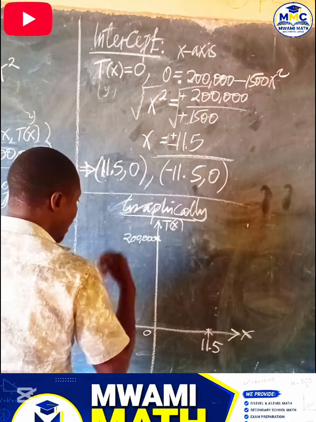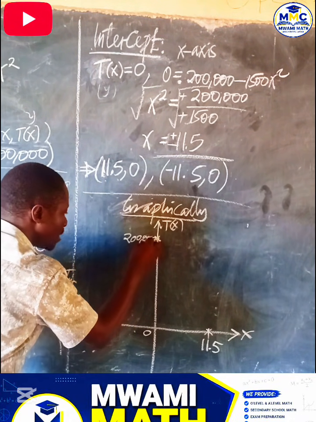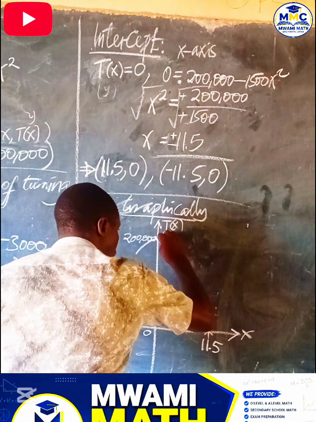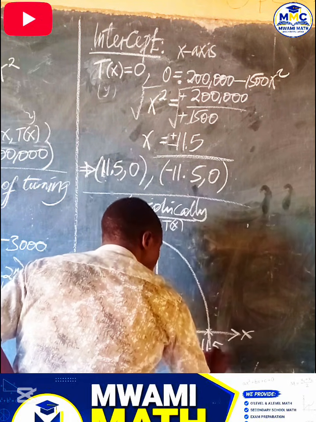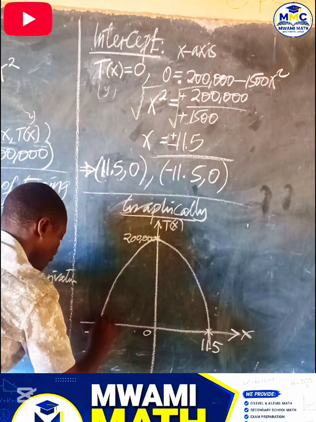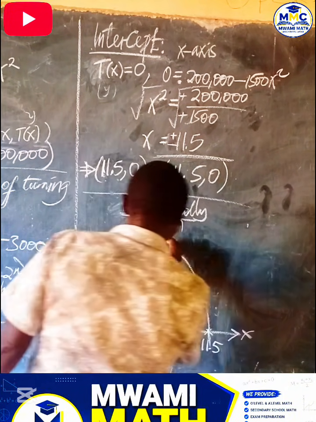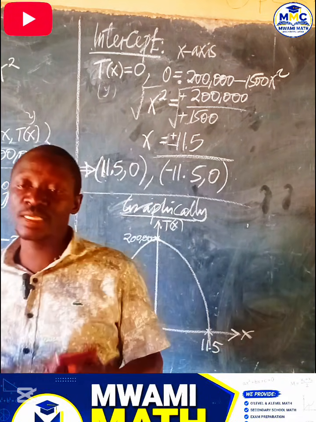So now we can draw a sketch. Say we have got a maximum. Okay. So this is our graphical representation.